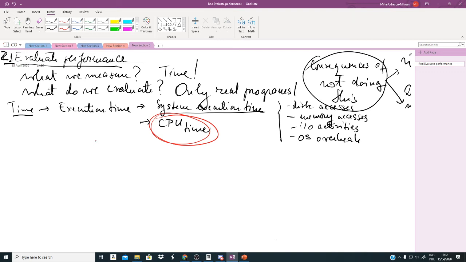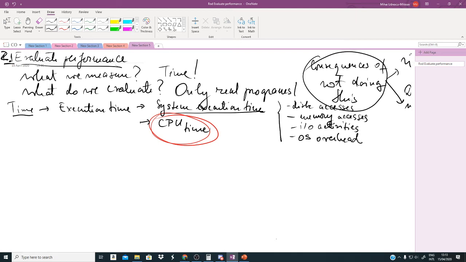Many of these things that we listed here, disk accesses, memory accesses, I/O activities, and obviously operating system overhead, are related to the software part.